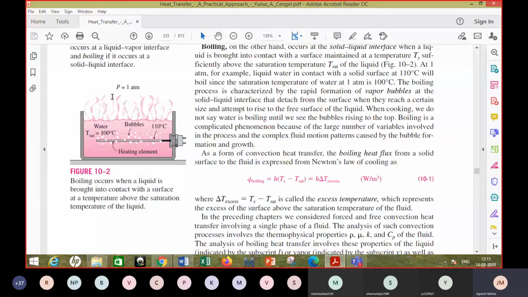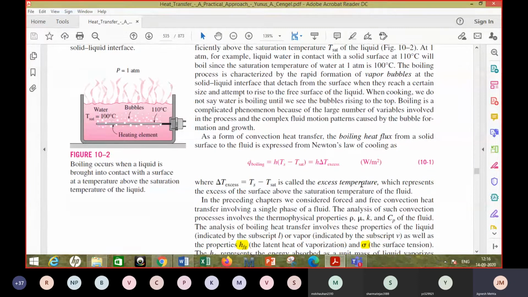The system is at 1 atmospheric pressure. The heater surface, it is shown that it is at 110 degrees Celsius, and the bubbles are generated at the surface, and they get detached, and they are able to come out of the free surface, and you can see a lot of turbulence getting generated.